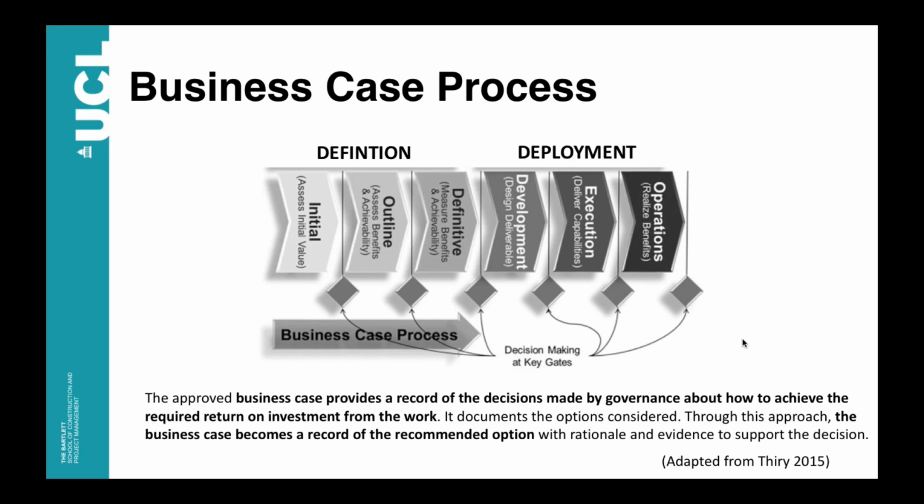Also, as we will be creating the business case from the pre-feasibility analysis, we can check the different options that have been considered. So through this approach, the business case becomes a record of recommended options that will give us the rationale and evidence that support the decision, and this can be checked at any time during the definition and implementation of the project.